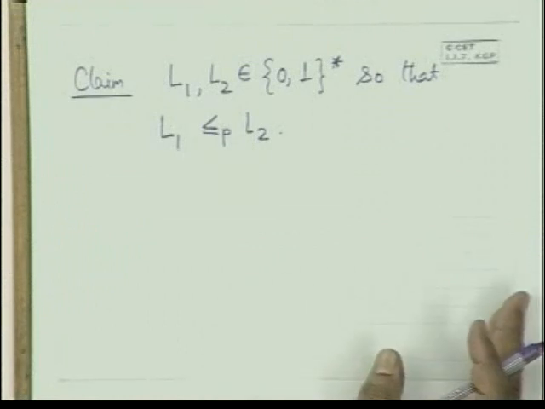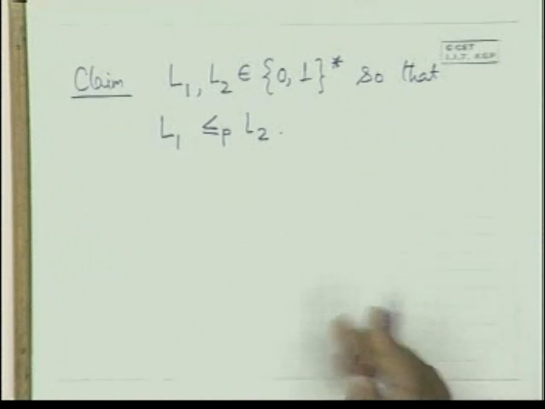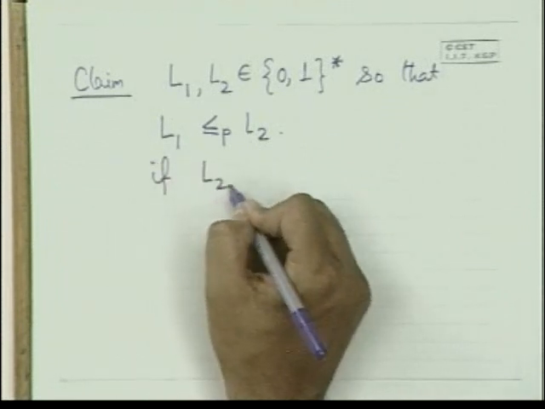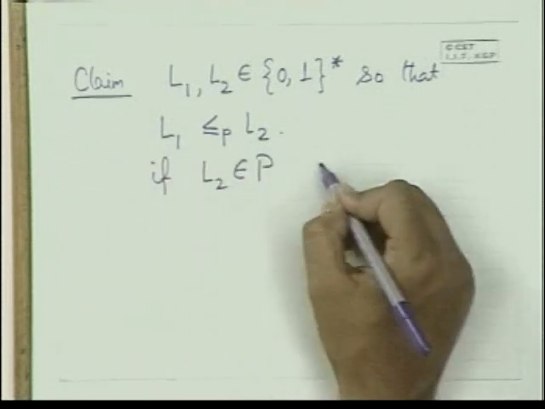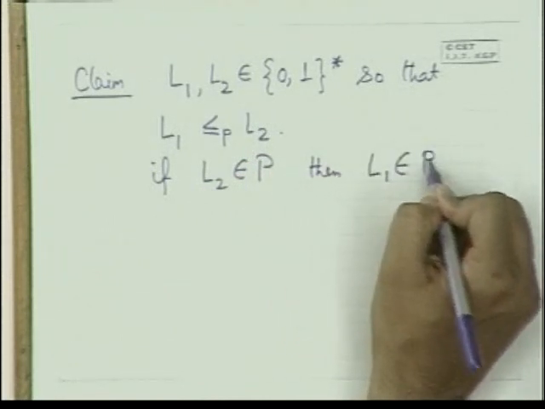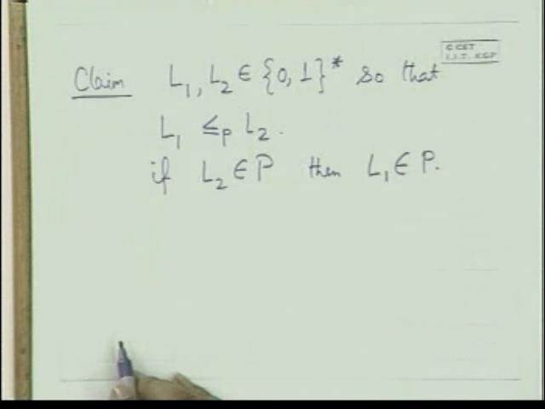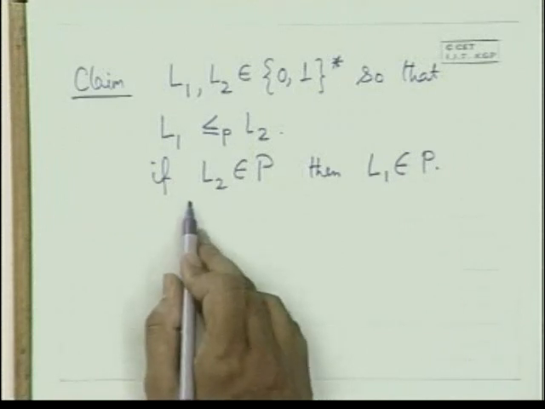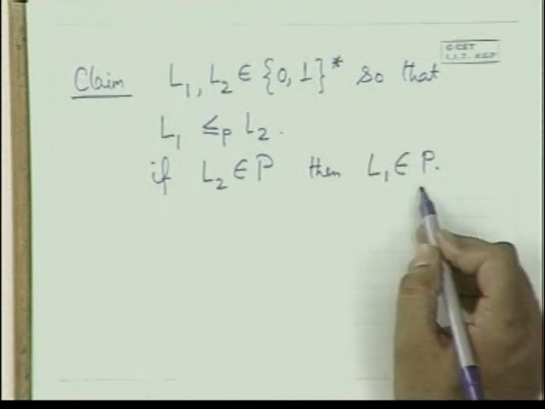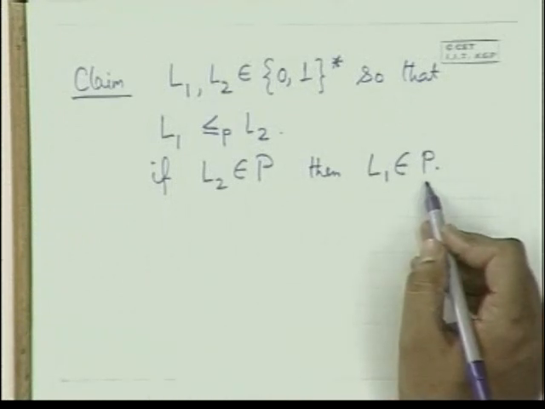I already told you. Then the claim is, if L2 belongs to P, then L1 also belongs to P. If L2 belongs to the polynomial time class, then L1 also belongs to the polynomial class.